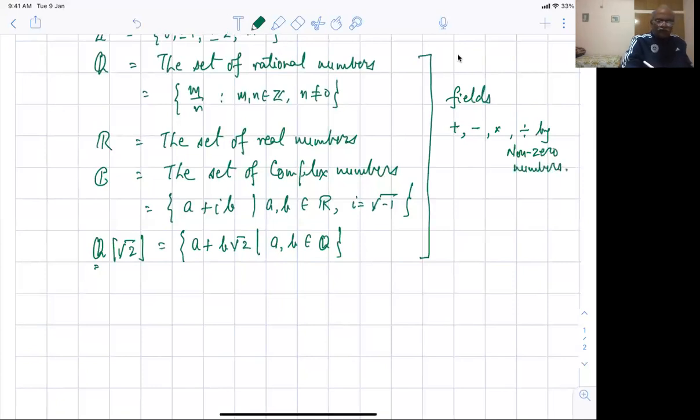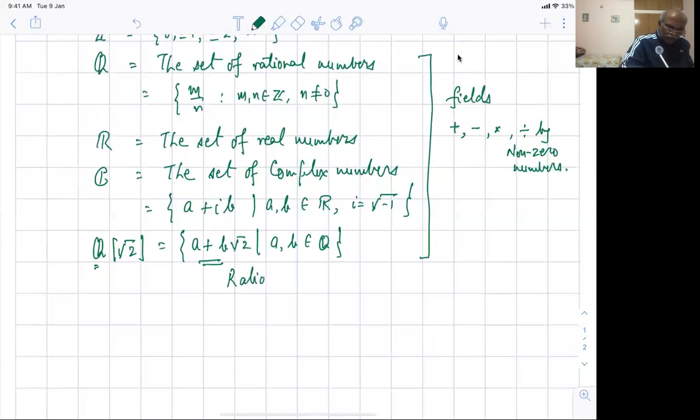All right. So a field is a set, which is a non-empty set. It has to have addition, subtraction, multiplication, and division by a non-zero element is allowed. So I would like you to see that rationals, real numbers, complex numbers, and this also has this property because rationalization is allowed here.